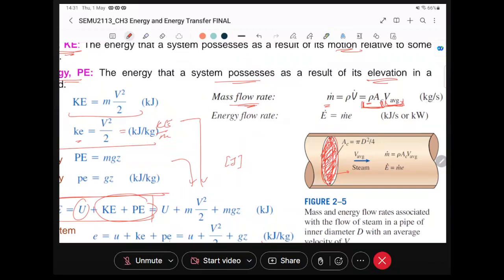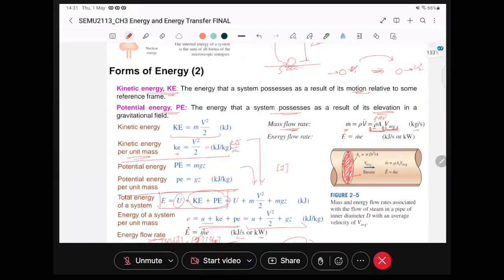From there, we can get the kilogram per second. Some equations are too fundamental to be derived, so we just have to remember the equation. So that's how we evaluate the mass flow rate.